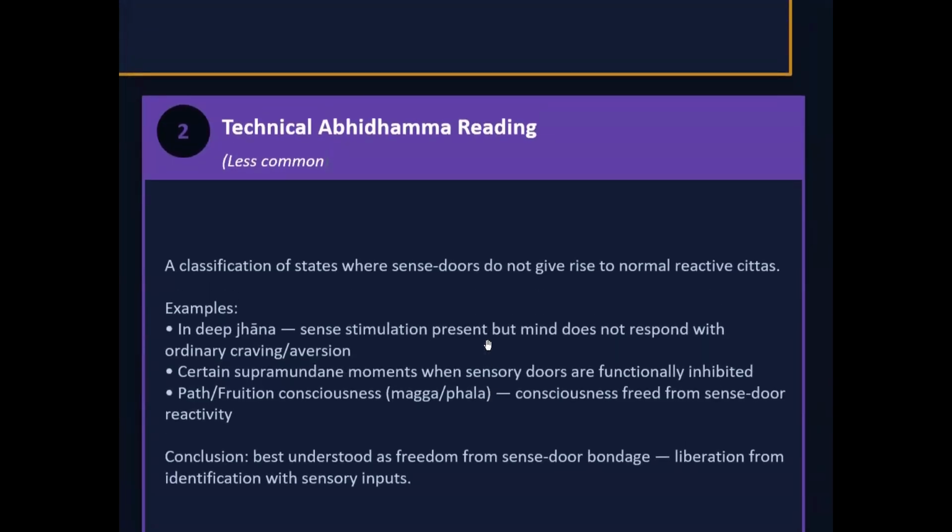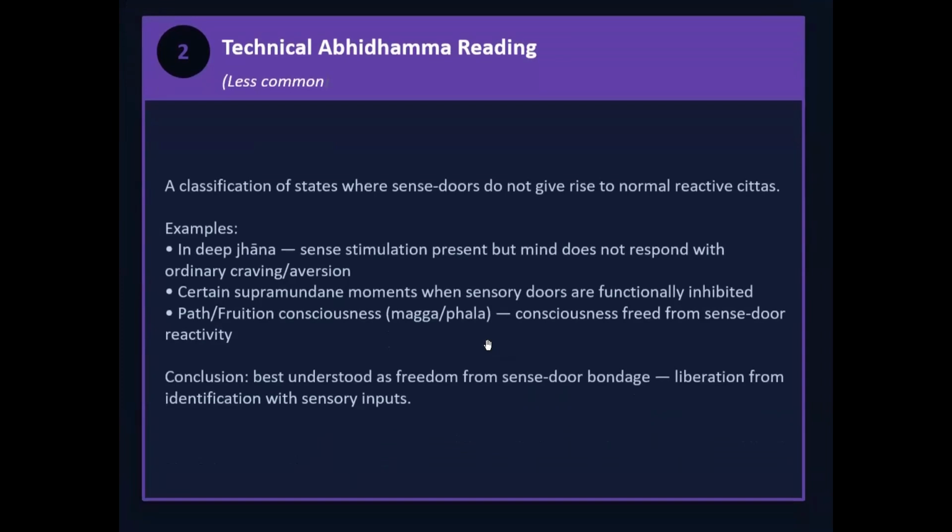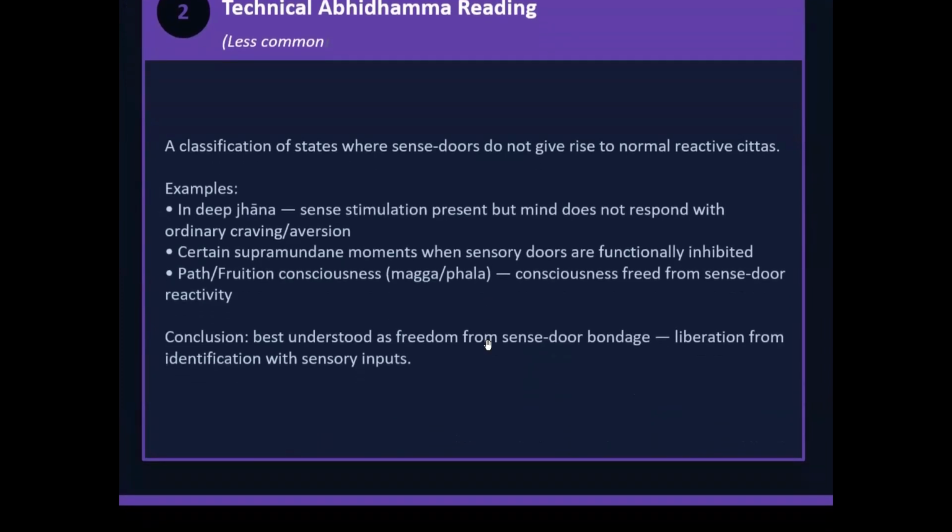And next, you talk about the technical Abhidhamma reading. That's common here. It's a classification of states where the sense doors do not give rise to normal reactive chitta. For example, in deep jhana, the sense stimulation is present, but the mind does not respond with the ordinary craving and aversion. That is what I'm trying to explain.